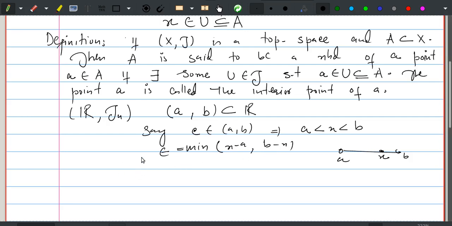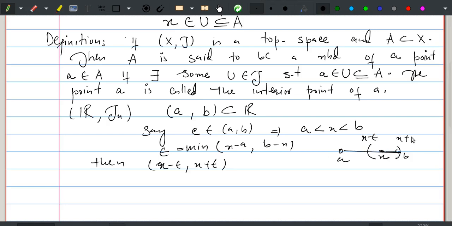Then we have an open set, the interval (x minus epsilon, x plus epsilon). In this case epsilon is the minimum distance, so we have this interval over here: this is x minus epsilon, this is x plus epsilon.